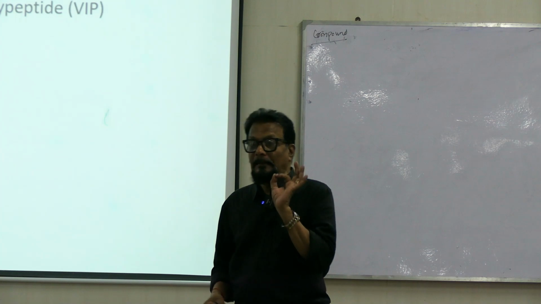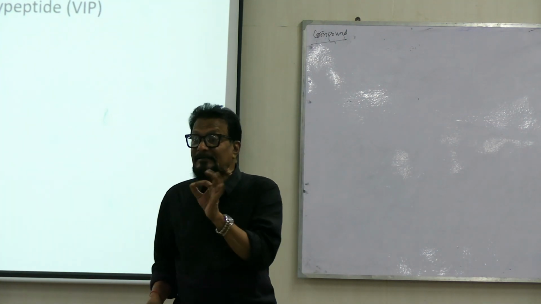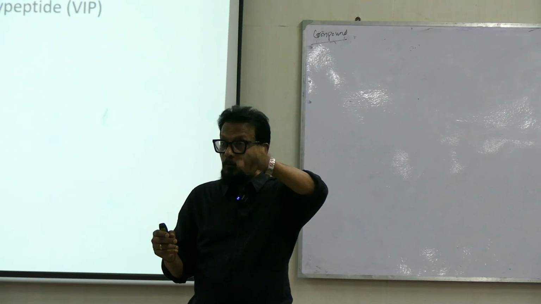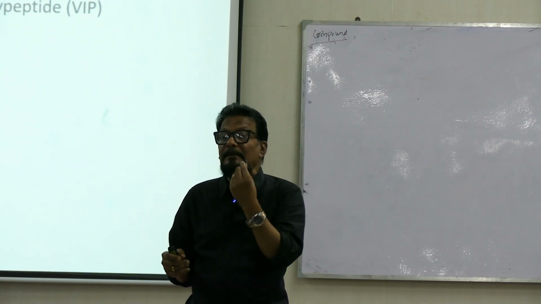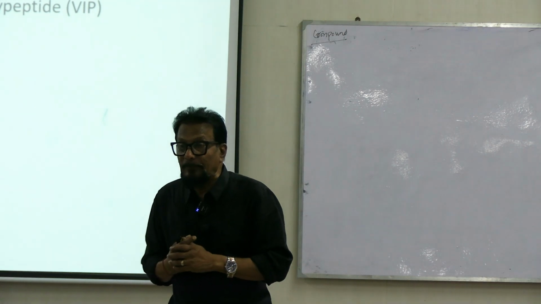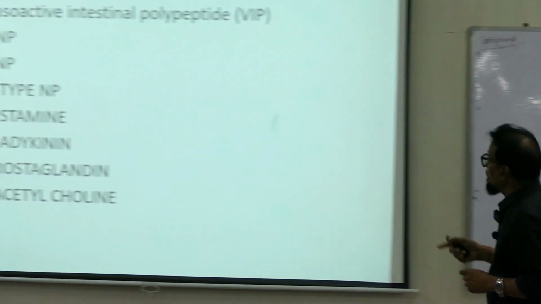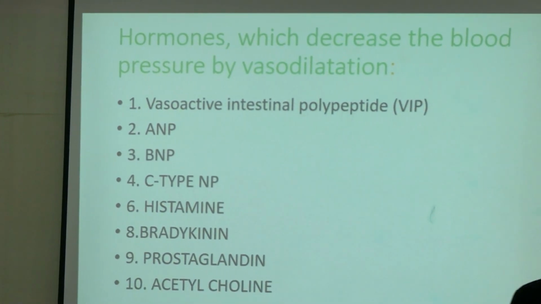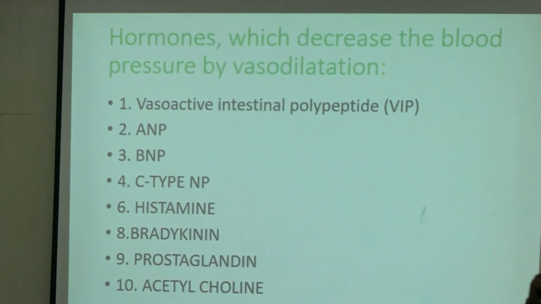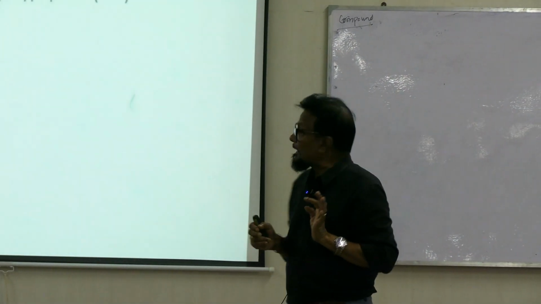And ANP, atrial natriuretic factor. Atrial refers to the atrial inner lining, the endothelium, which can produce this ANP. These are vasodilators. BNP, brain natriuretic factor, is liberated from the brain tissue. They cause vasodilatation in the brain, so adequate blood supply in the brain can be maintained.